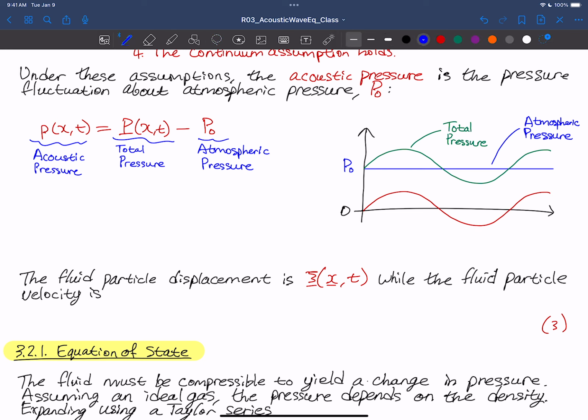And this red line now is the acoustic pressure. So you can see here that an acoustic or sound wave is a small oscillation in pressure.